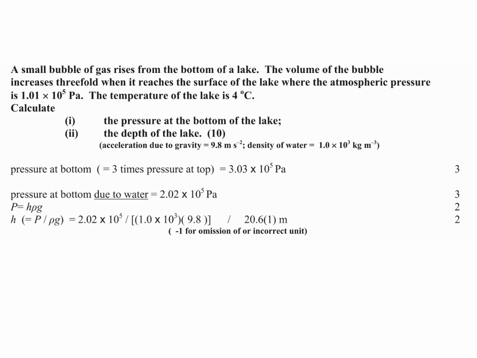So just due to the water there is 3.03 by 10 to the 5 minus 1.01 by 10 to the 5. So the pressure due to just the water at the bottom is 2.02 by 10 to the 5 pascals.